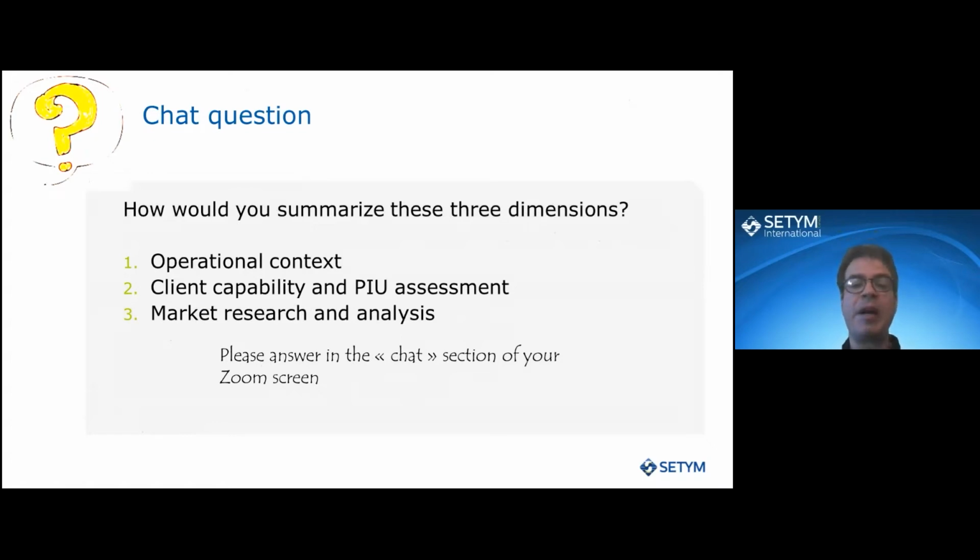Client capability is about the project implementation unit, so past experience doing similar procurement, things like that. And the 3rd area is about the suppliers themselves. So we analyze the environment we're in, our own capabilities, and the suppliers. And in that way, we identify several possible problem areas.